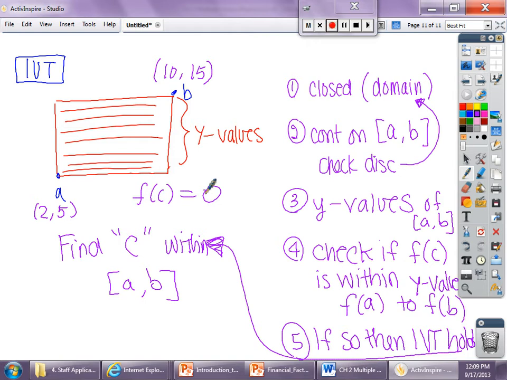No. So step 4 is not true, and I'm done. I don't have to go any further. If it's true, then yes, you have to find your c value, but only if 1 through 4 worked. A lot of you go through the step of finding the c value, but you actually never proved if it was true or not. Okay? Does that make sense?